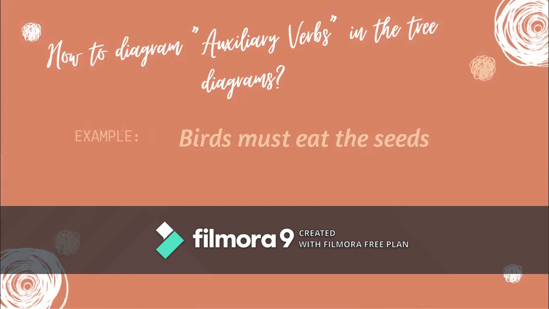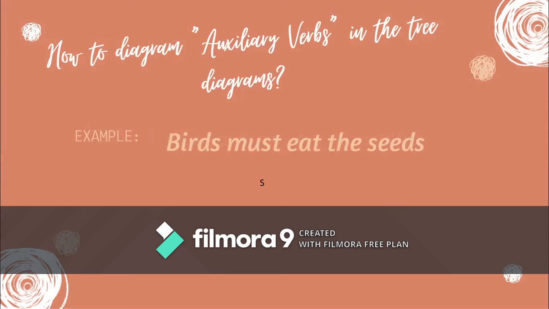S means that it is a sentence, right? The subcategories are a noun phrase, which is a noun, and the noun here is Verse. In the sentence, we have to put a line for the auxiliary because it's a modal verb, so we put must.